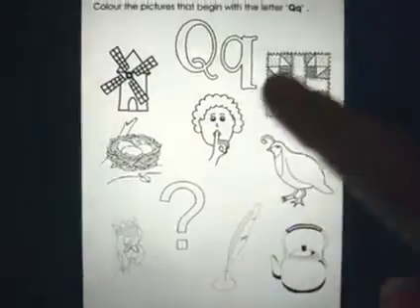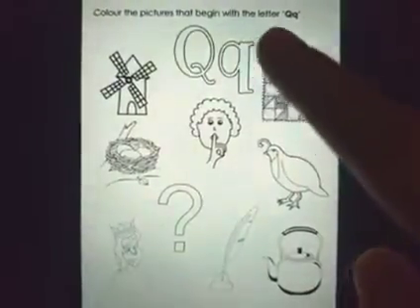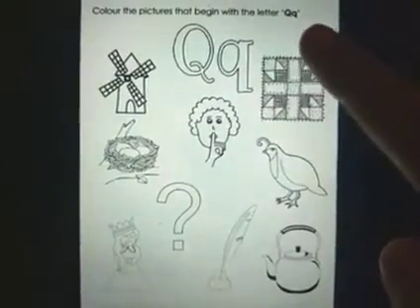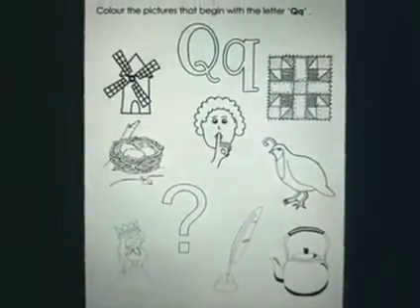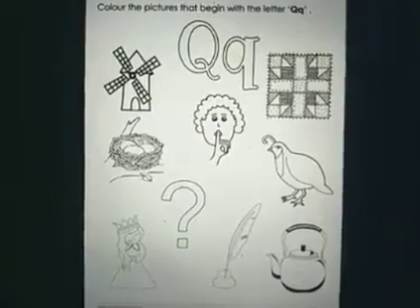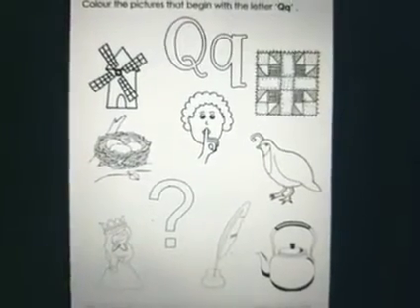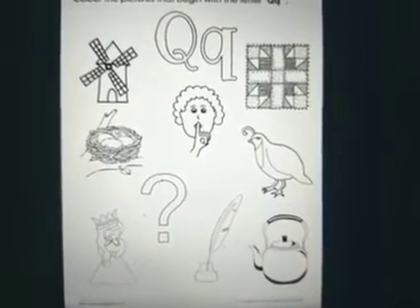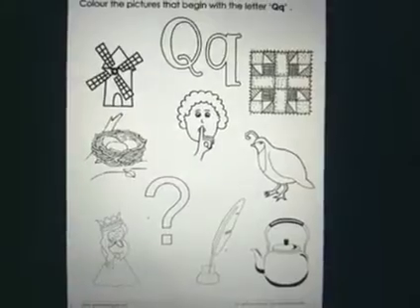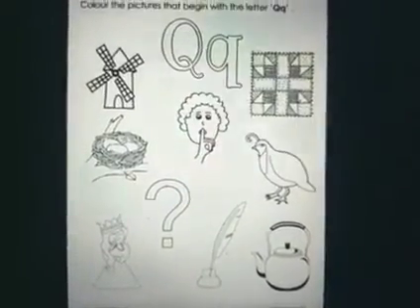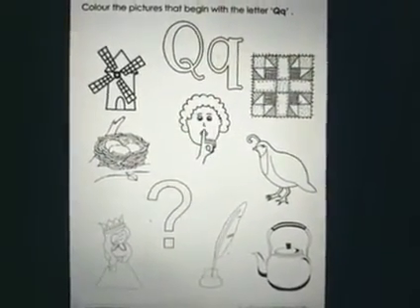Now coming to the sheet, you have to color the pictures that begin with the letter Q, the sound Q. So look at the picture, name it, and if you think the name begins with the sound Q, you color it. If it doesn't, you just leave it like that.